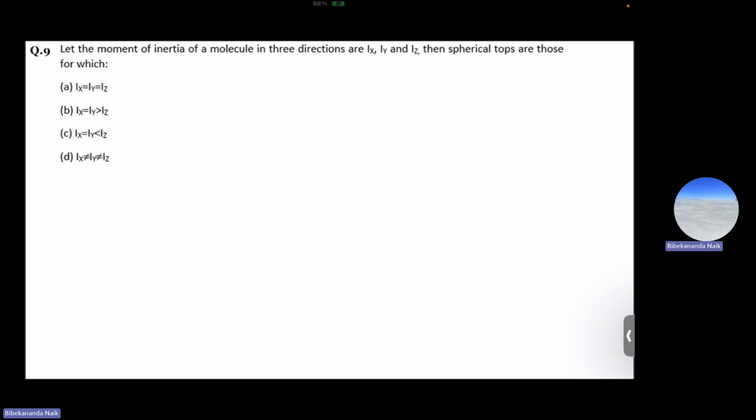We know for a molecule to be called a symmetrical top, its moment of inertia should be symmetric in all three directions.